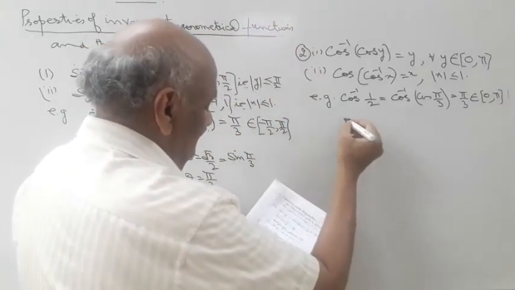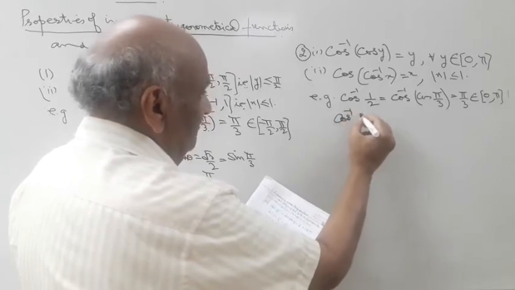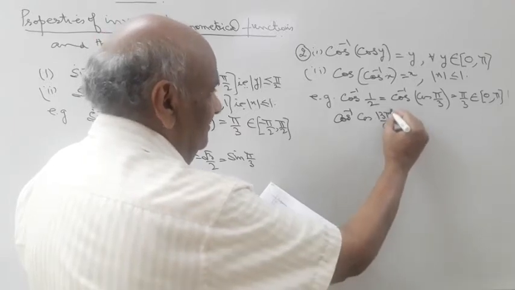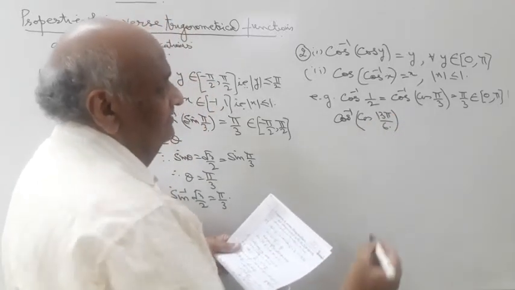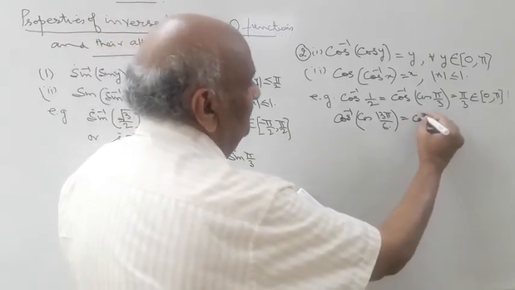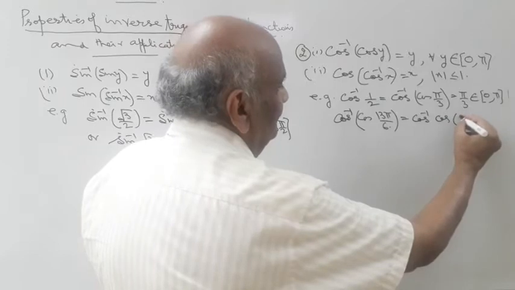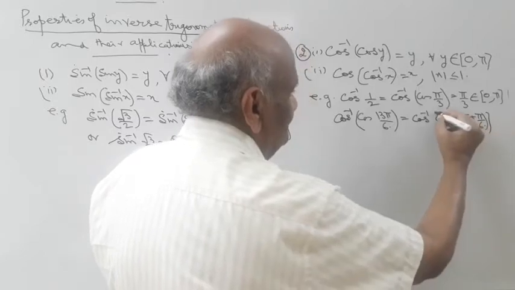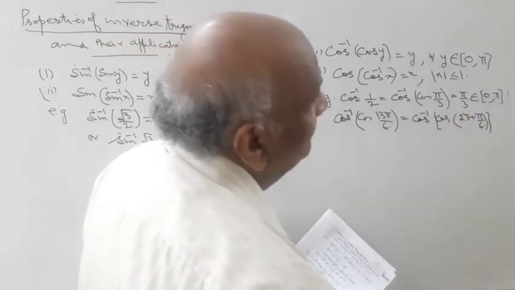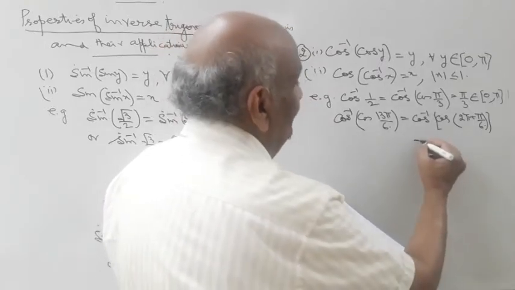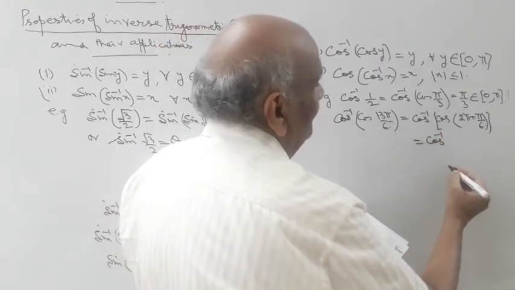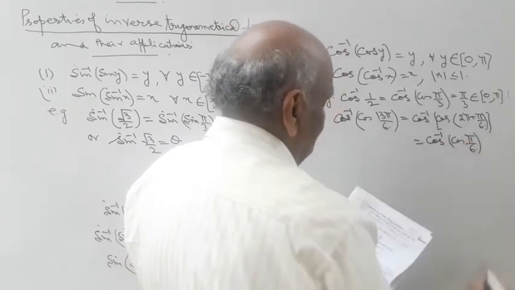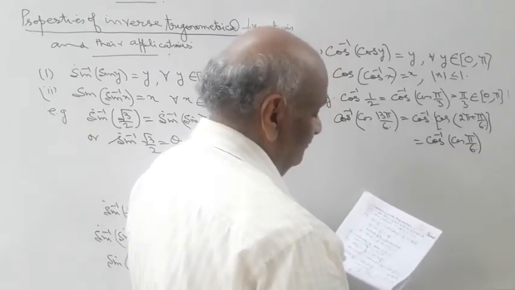Again, cos inverse of cos 13 pi by 6. This becomes cos inverse of cos of 2 pi plus pi by 6, which becomes cos inverse of cos pi by 6, because cos of 360 degrees plus theta is equal to cos theta.